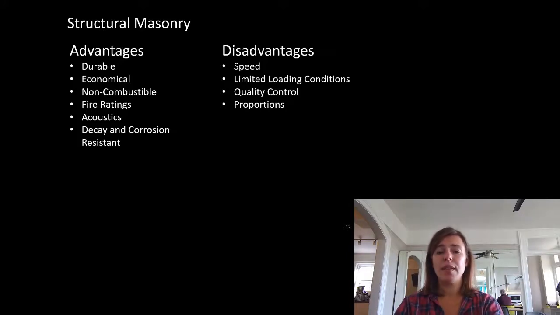It's durable. It's economical. It's really cheap to knock up a masonry building in a couple days. It's non-combustible, good fire ratings, the same thing we have with our concrete and our precast. It's decay and corrosion resistant.